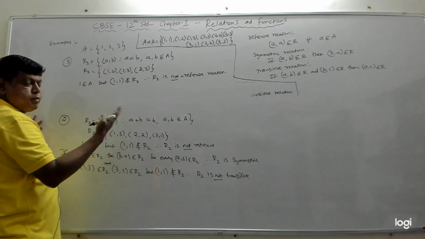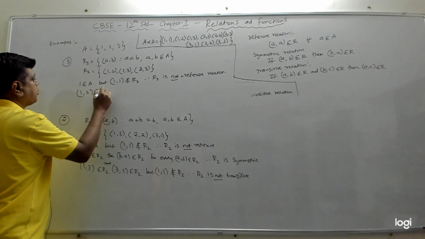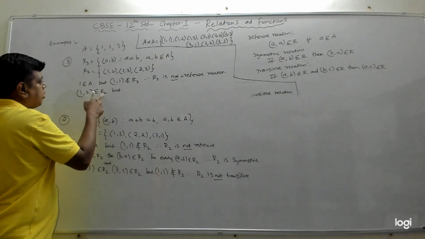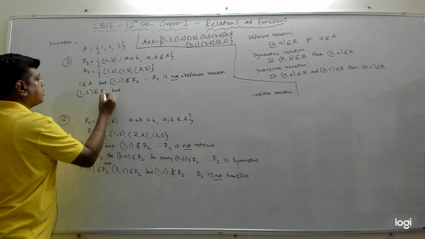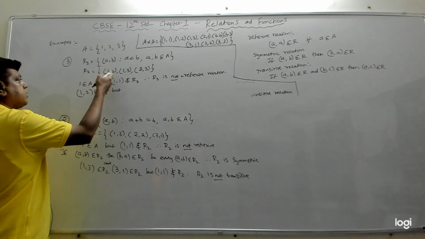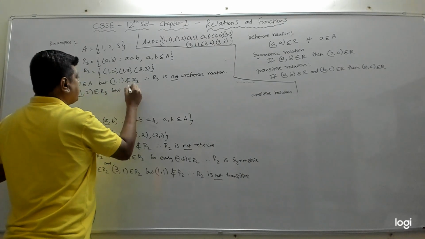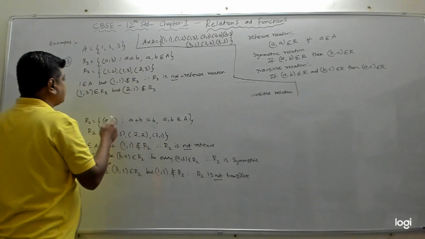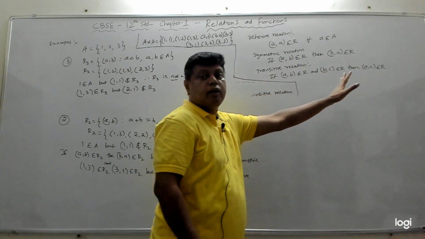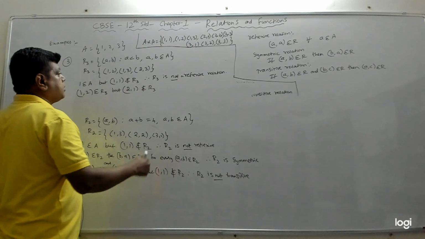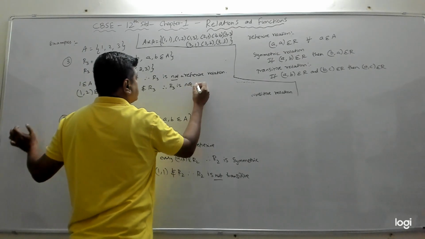So (a, b) is in R3, but (b, a) is not there, and (b, a) should be there for it to be called symmetric. Therefore, R3 is not symmetric.